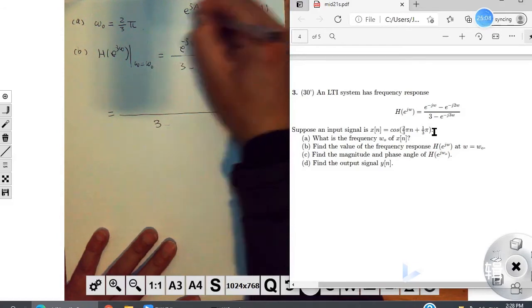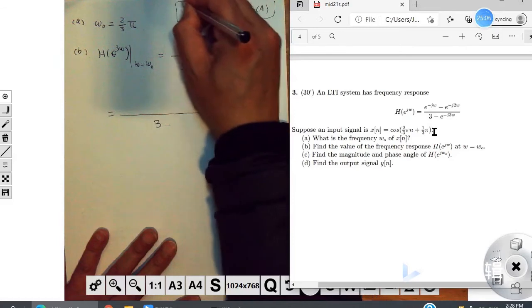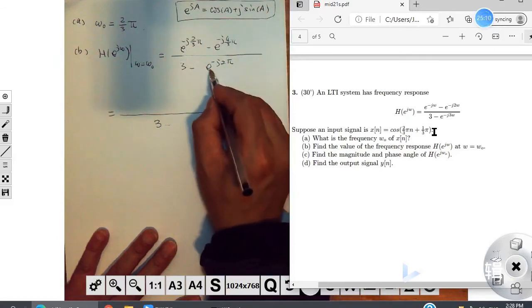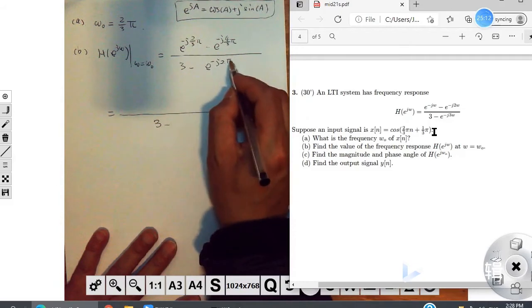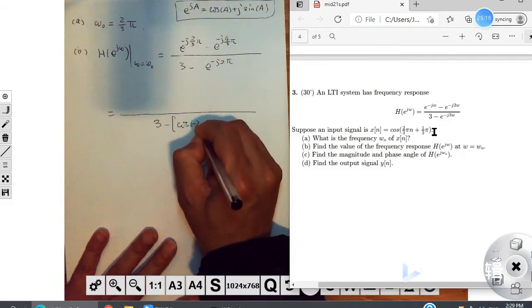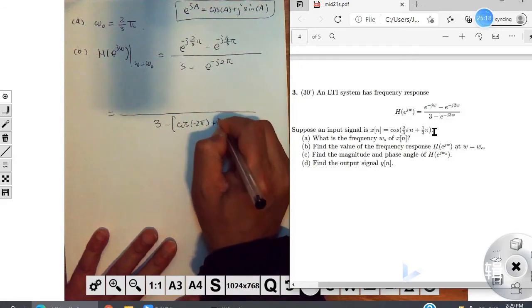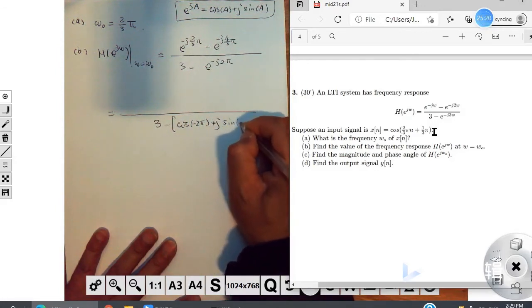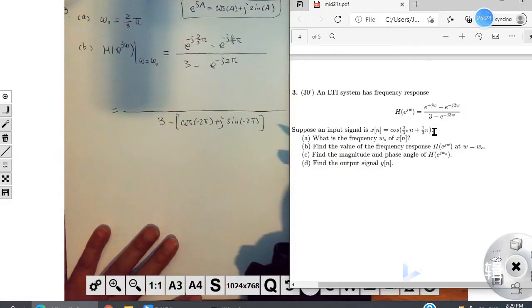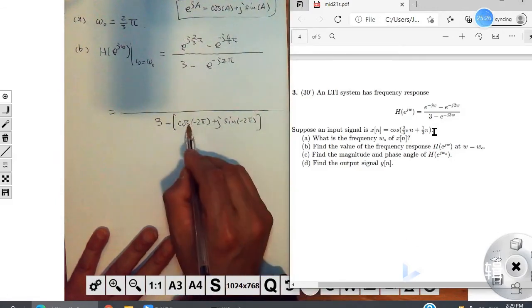We always have these. Now we apply this one. This e to the negative j 2 pi becomes cosine of negative 2 pi plus j sine of negative 2 pi. This is the denominator. Actually, you should know this is 0, this is 1, right?